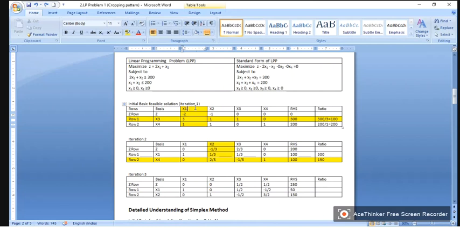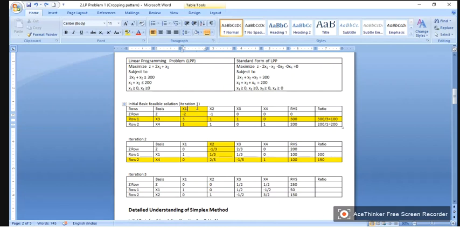So out of x1 and x2, we select the variable with the most negative value as the entering variable. So x1 is called the entering variable.